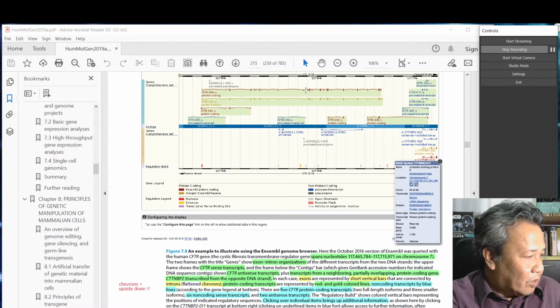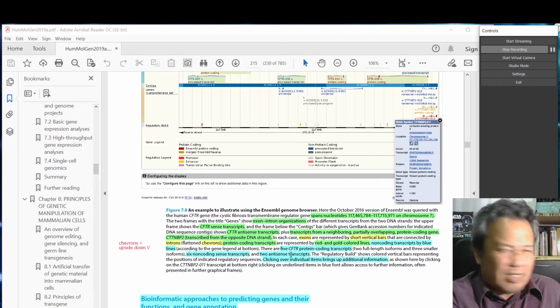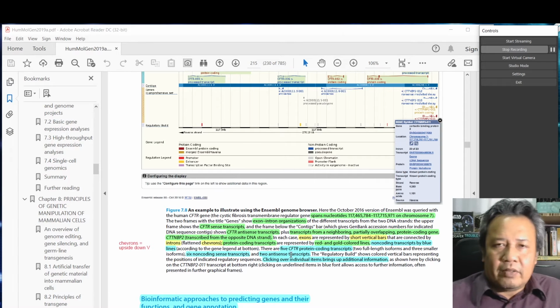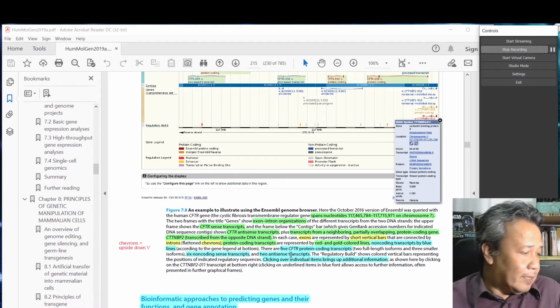So that's exon, intron, exon, intron, exon, intron. There are 5 CFTR protein coding transcripts, 2 full-length isoforms and 3 smaller isoforms, 6 non-coding sense transcripts, and 2 antisense. So this is one of the reasons why the exact number of genes is at the moment quite impossible to determine. Okay.